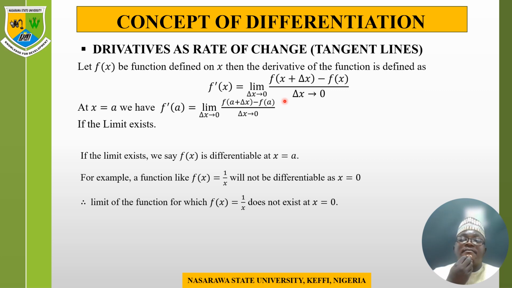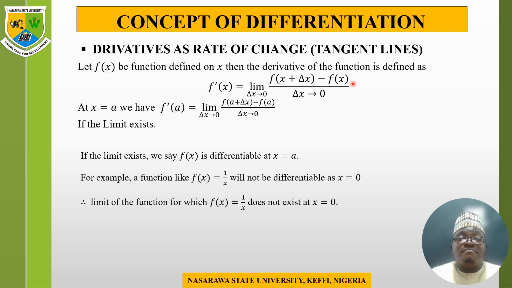Then this is the tangent line function formula, which gives the formula for a derivative. Assuming we have this function here, when we let our x from the formula be a, as the increment of x tends to 0, then x is changed to a, if the limit exists.